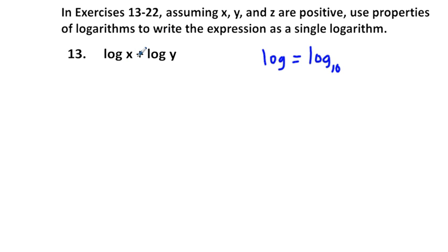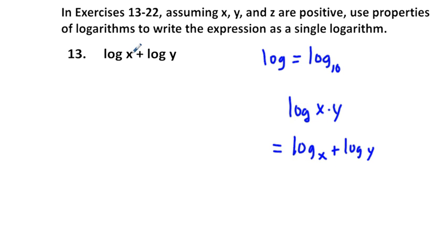Anyway, the principle is if we have a log of a product like log x times y, that is equal to the logarithm of x plus the common logarithm of y. And so we're going to be going backwards from here.